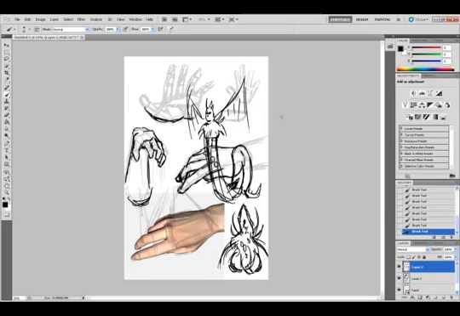So, in conclusion, it comes down to breaking down what you're looking at into the basic shapes. There is no other way I could explain this to you.